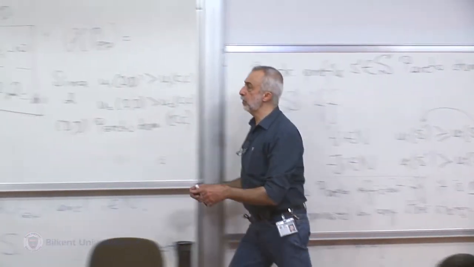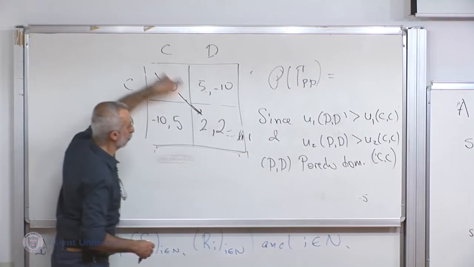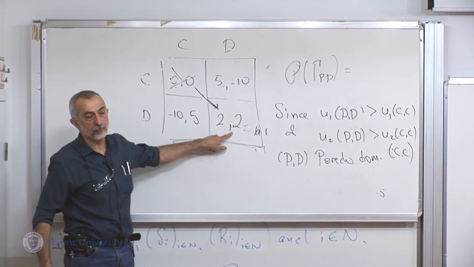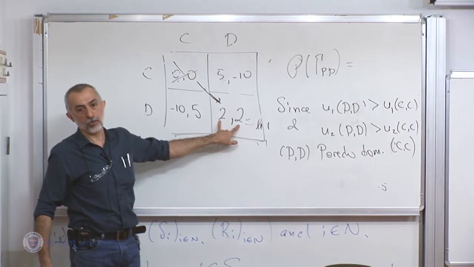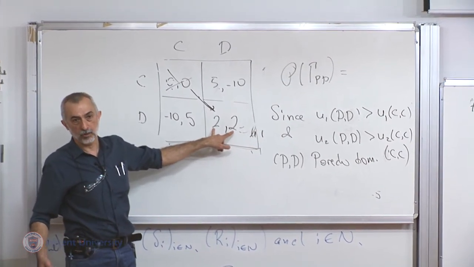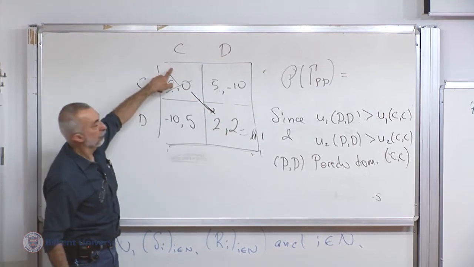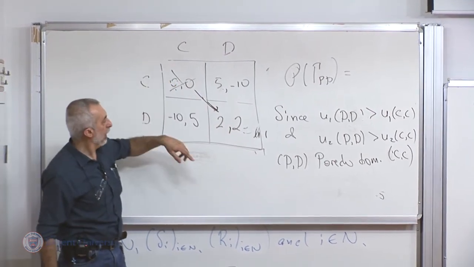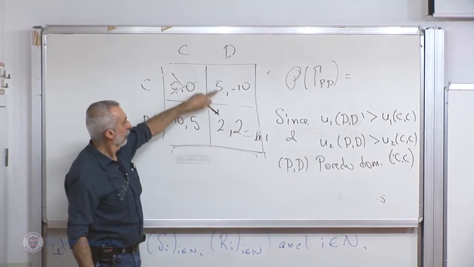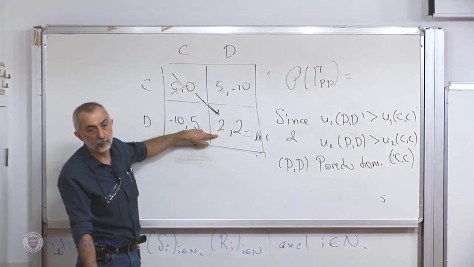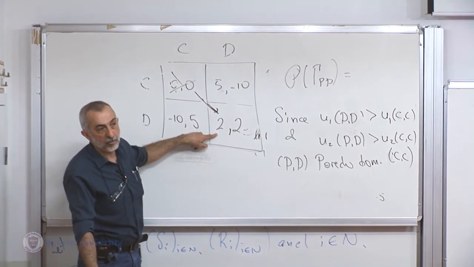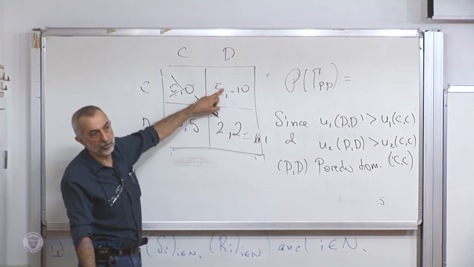When we move from CC to DD, nobody becomes worse off; actually in this case, both become better off. That's why DD Pareto dominates CC. Now if we move from CD to DD, agent 1 becomes worse off. Because of that, DD cannot Pareto dominate CD.